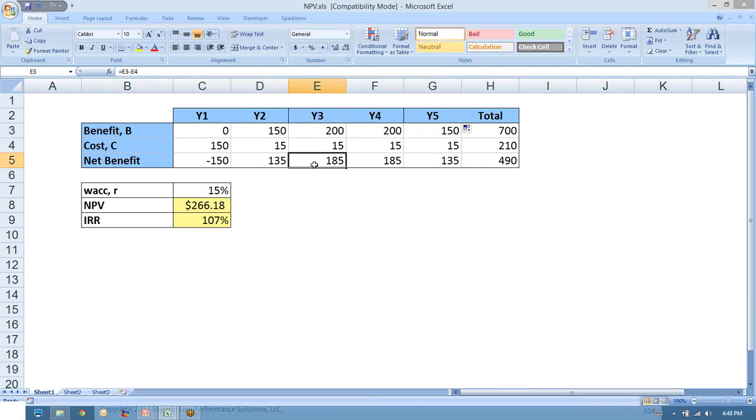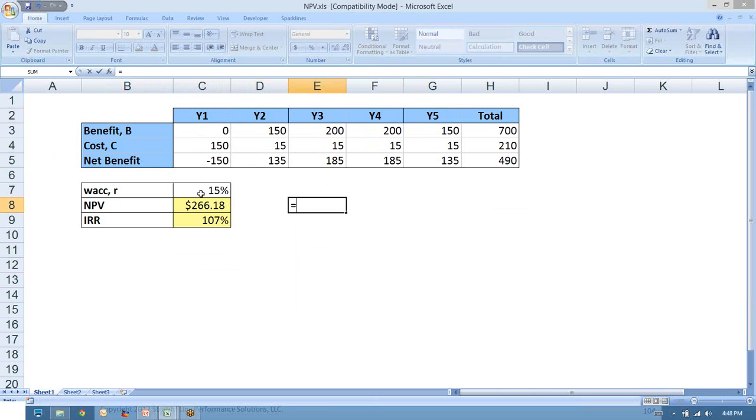Okay, so let's go ahead and see what would be the net present value of this. I'm going to show you by typing it in, and so you can see my screen, the net present value, and we're going to assume, just for the moment, that the weighted average cost of capital for this firm is 15%. You'll see why it doesn't really matter in terms of our evaluation what that is in just a moment.